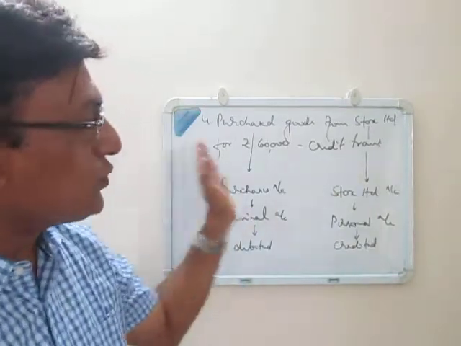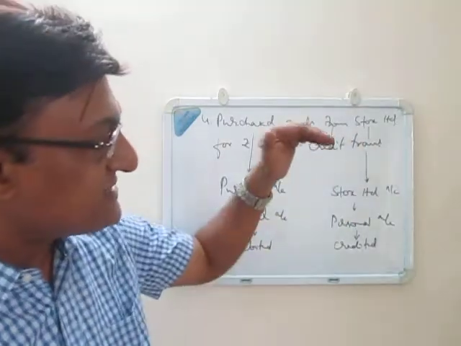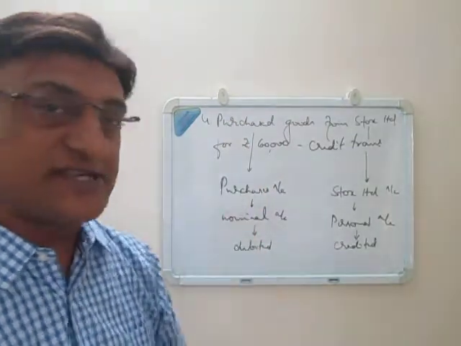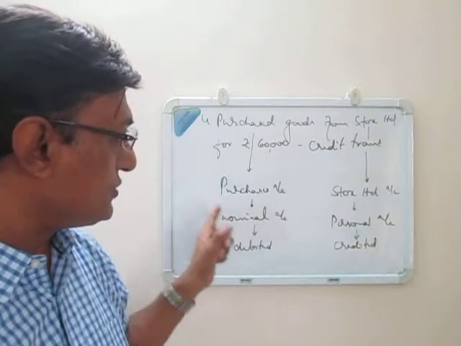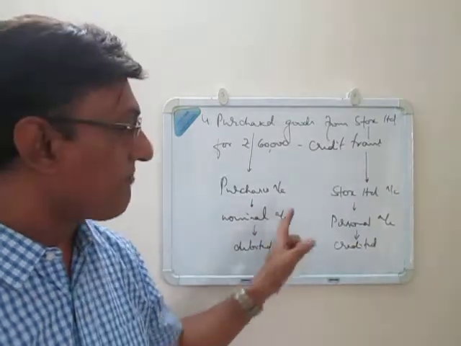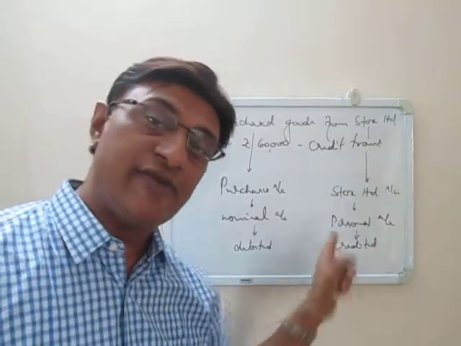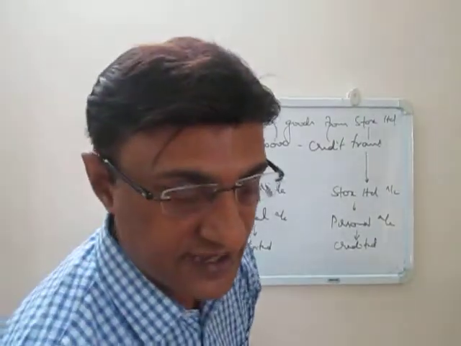So the purchase of goods from Stocks Limited for rupees 60,000 is, we decided, a credit transaction. The two legs: purchases account, Stocks Limited account. This is nominal and therefore debited. This is personal. Applying the rule, the giver of the benefit is credited. So Stocks Limited is credited in this case.